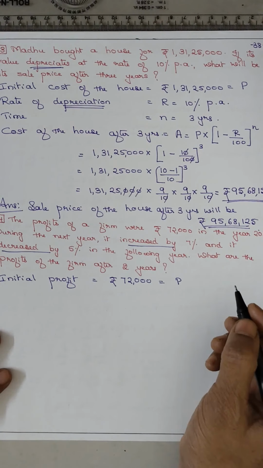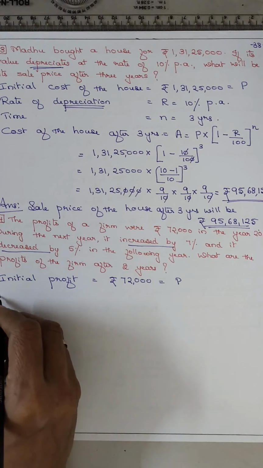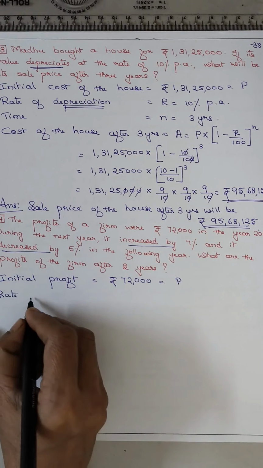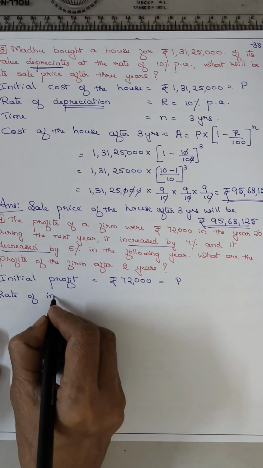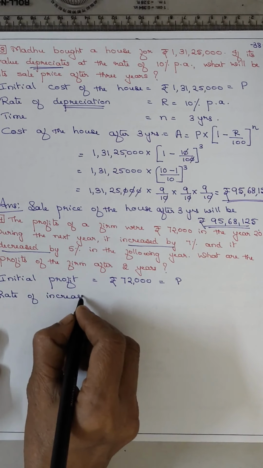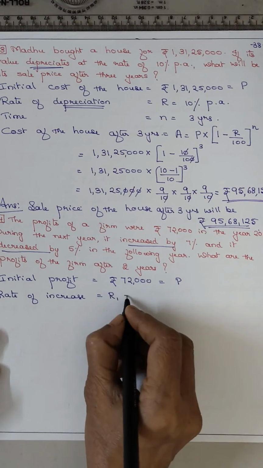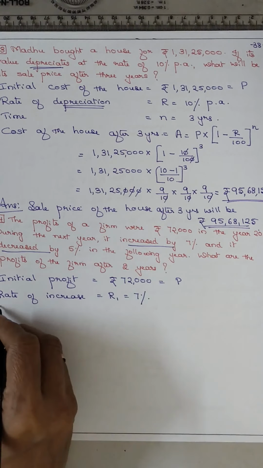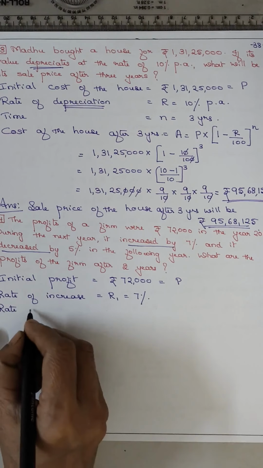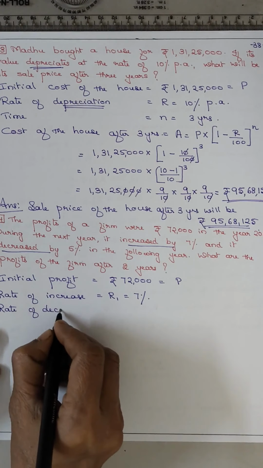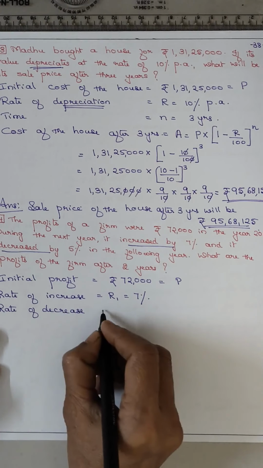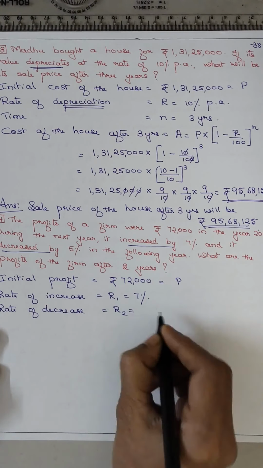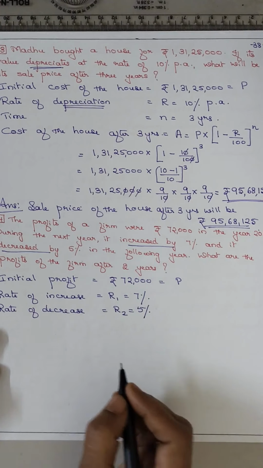P. So rate of increase, that is R1 is equal to 7%. Rate of decrease second year, that is R2 is equal to 5%.